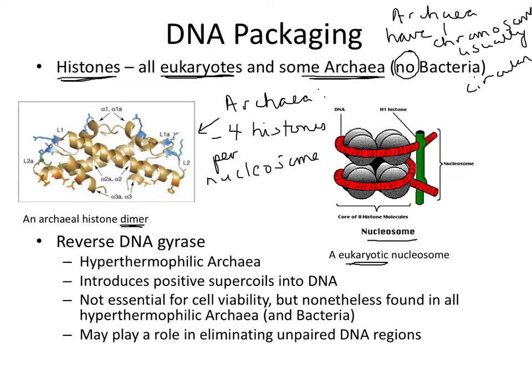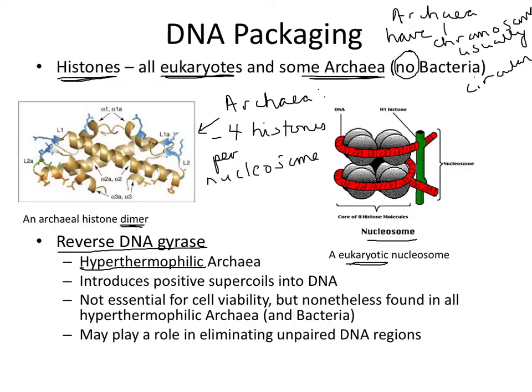Another really interesting feature, although this is in fact only true of hyperthermophilic Archaea, those that love extremely high temperature, is that they make a protein called reverse DNA gyrase.